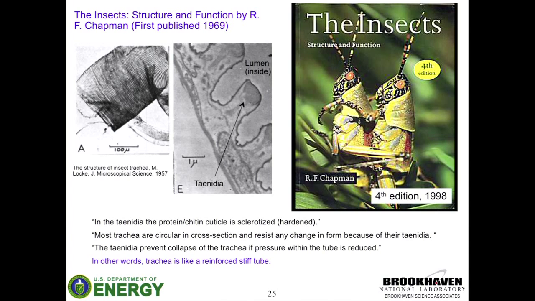So it's like reinforcement of a garden hose. The trachea is circular in cross-section and resists any change in form because of its taenidia, to prevent the collapse of the trachea if pressure within the tube is reduced. So the textbook view of this is that the trachea is a reinforced stiff tube, okay?